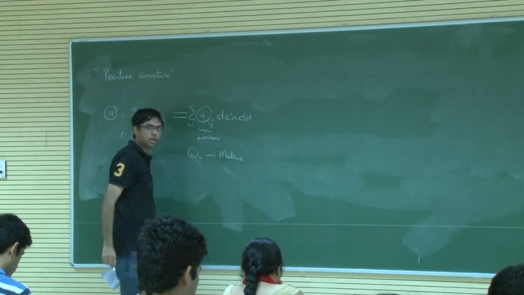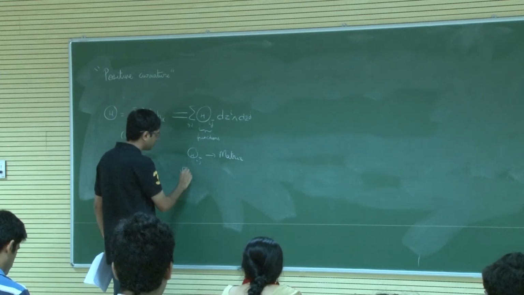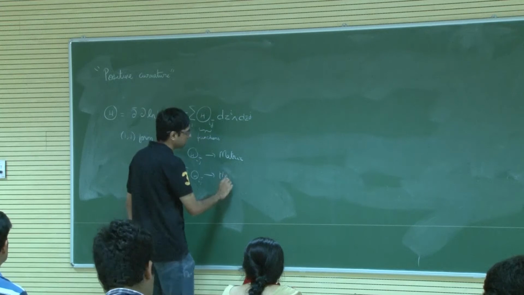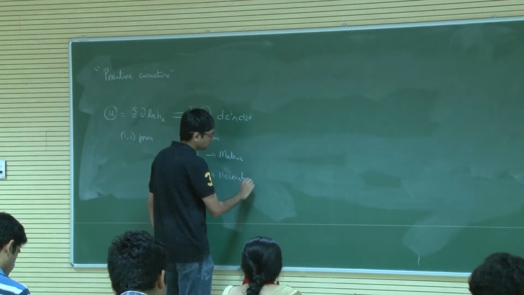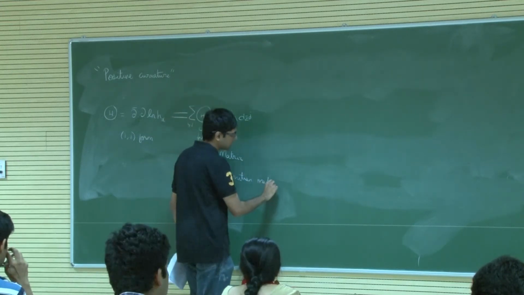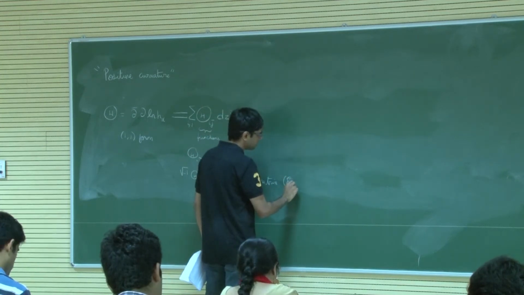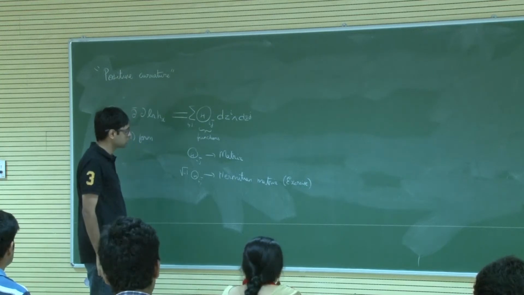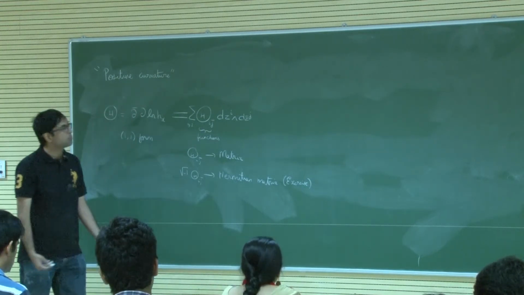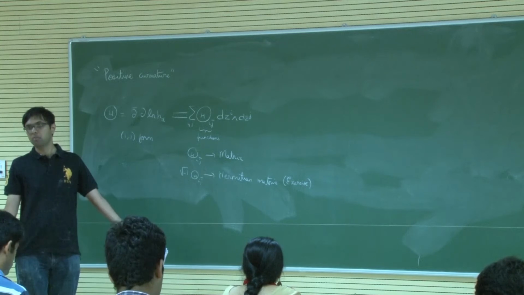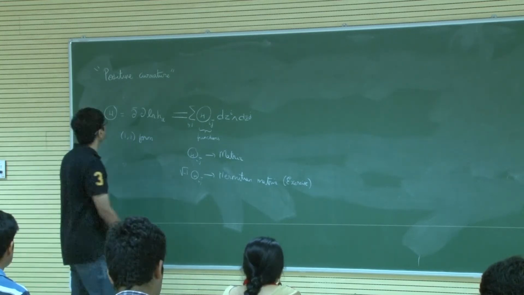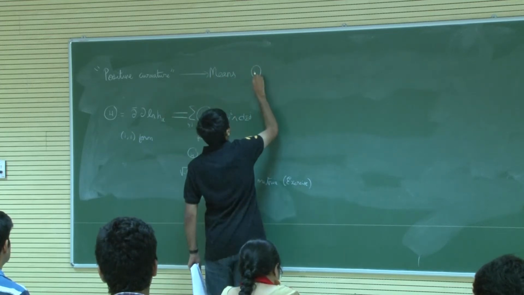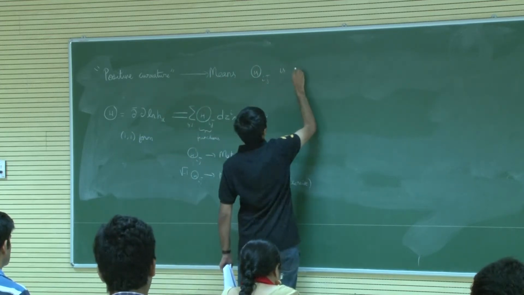In fact, this quantity is a Hermitian matrix. Exercise: it's very straightforward to do, but it's a Hermitian matrix. So now we know what it means to be positive, right? This matrix better be positive definite. It means that theta i j bar is positive definite.